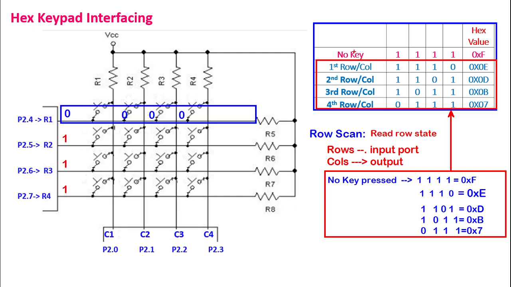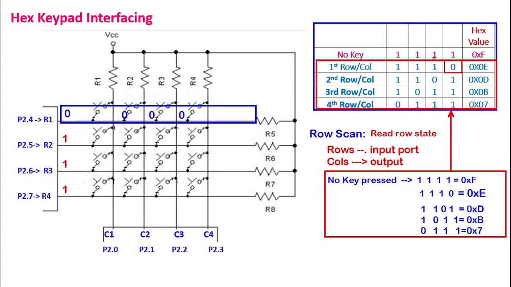So whenever there is no key pressed, all the rows will return 1 1 1 1, indicating that there is no key pressed. Let us assume the first key is pressed. In the first row, or in the first column, the key is pressed, that particular row or column will go low, and the other rows and columns will become 1 1 1.